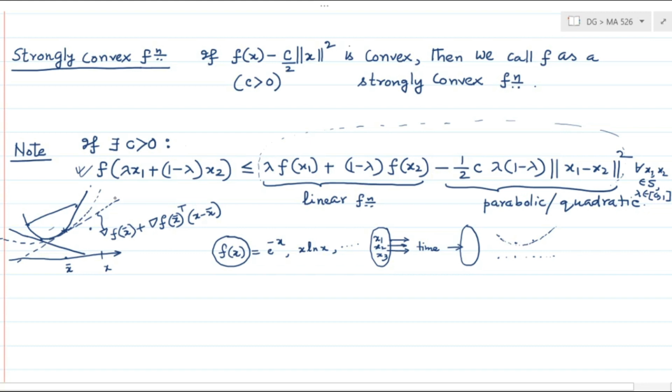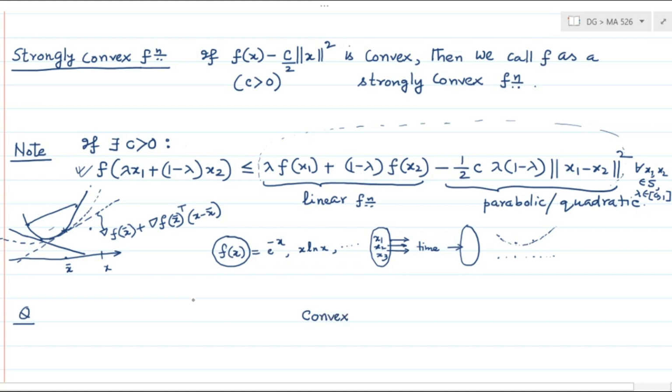Fine. Anyway, with this, let me move ahead to give you a hierarchy between the three concepts. The three convexity ideas that we have defined till now are convex, strictly convex, then strongly convex. Let me pose it as a question: is every convex function strictly convex?